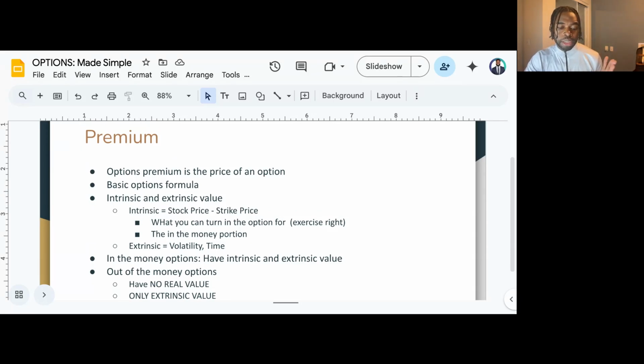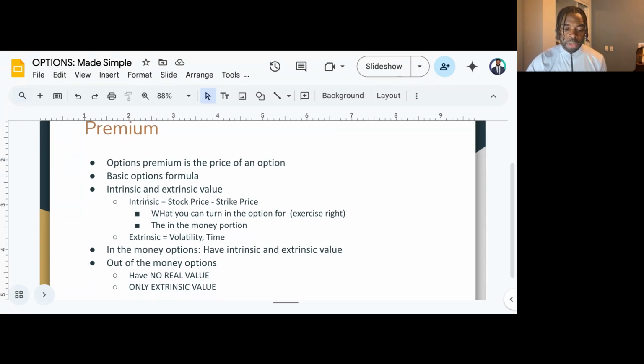The basic options formula, people don't talk about this. Pay attention. The intrinsic value is equal to the stock price minus the strike price. This basically means this is how much you can turn in the option contract for. There's intrinsic value and there's extrinsic value.